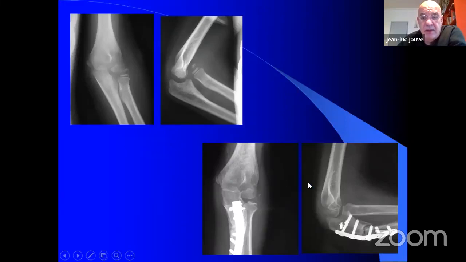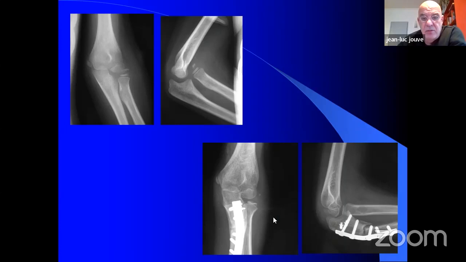But sometimes you see that we need a surgery. If you don't have a good reduction of the radial head, you have to do a surgery. So you see this case with an anterior radial head dislocation associated with a fracture of the ulna, and the surgeon has to do an osteotomy because it was a late diagnosis.